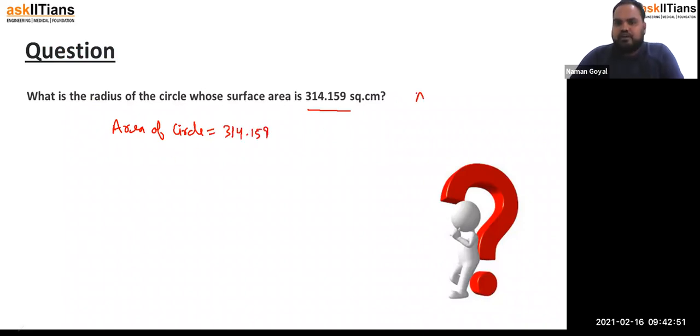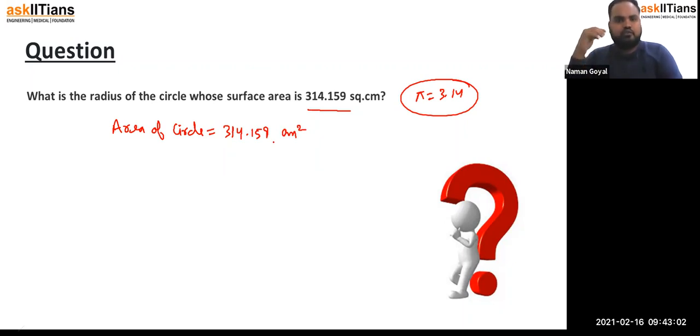You can use pi as 3.14. It is mandatory to put the unit at the end, because if you don't, your examiner can cut your marks.